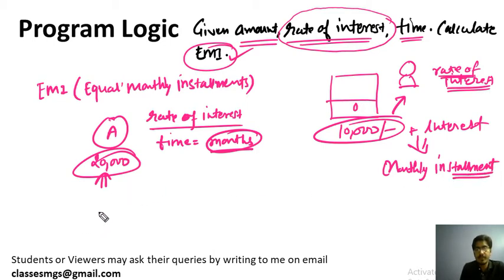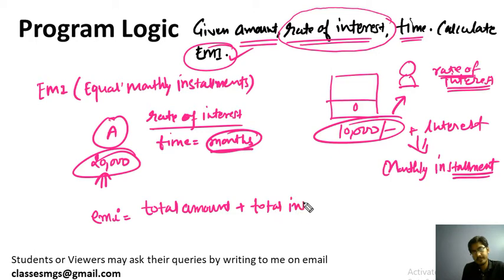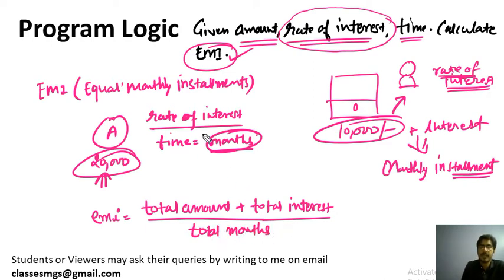For that, we have this formula: total amount plus total interest, divided by total months. Because we are paying in monthly installments, we divide by total months.